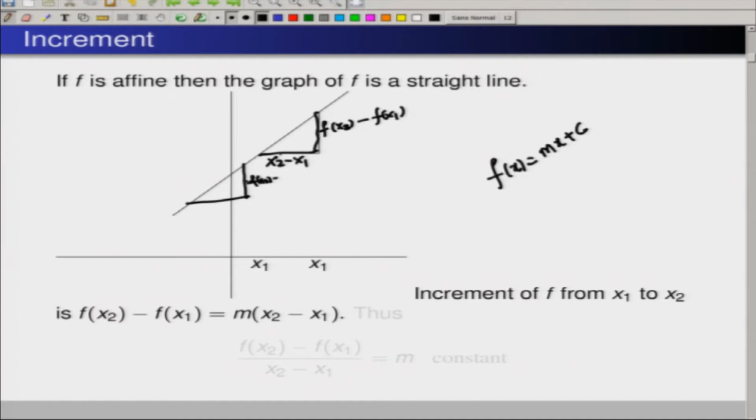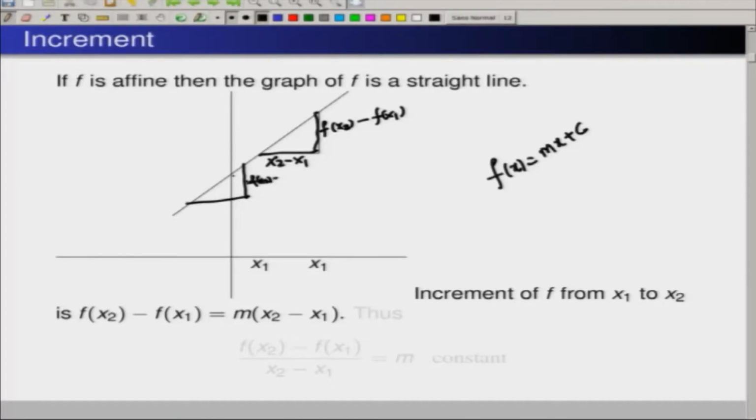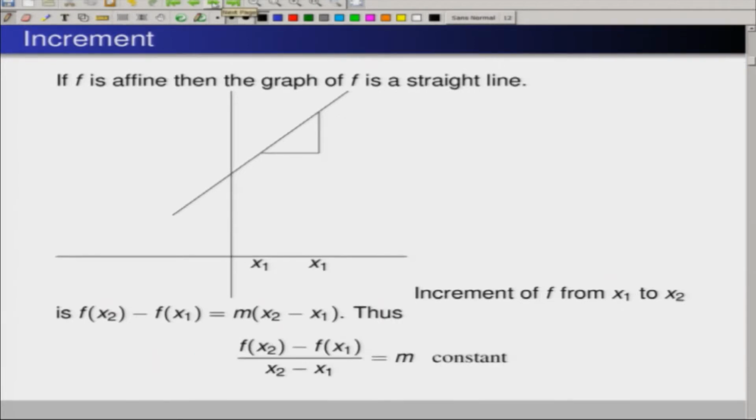Essentially, this is the slope of this line, so the slope is going to be constant wherever you take it. That means the ratio is the same, independent of the position x 1 or x 2, and will remain constant.